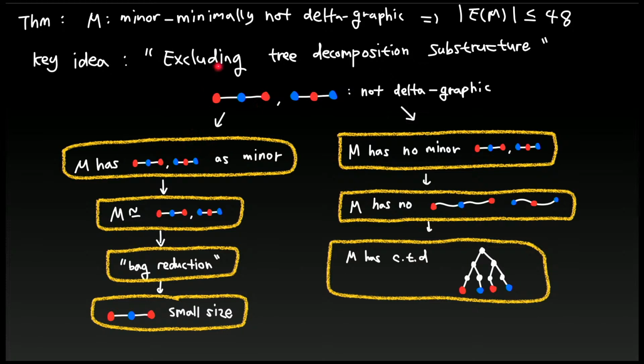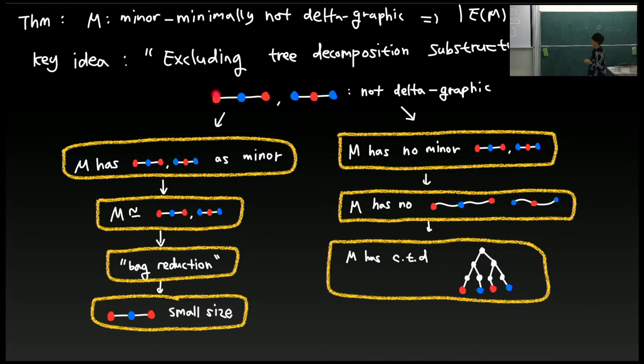So this 3D composition cannot be a field decomposition or band decomposition. So if it is delta-graphic, it should be just a two-sum of a graphic matroid and a cographic matroid, which means that we should find an edge separating into a graphic part and a cographic part. However, it is impossible. So we can say that it is not delta-graphic.